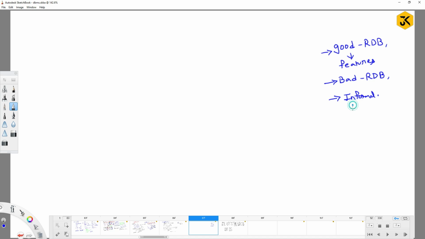Something like we should not allow a maximum extent of null values, and other things are there. Whatever names you give for the attributes or table names should be meaningful names. So like that we have seen various kinds of informal guidelines.